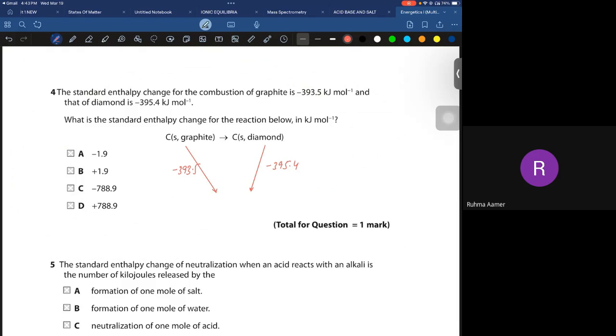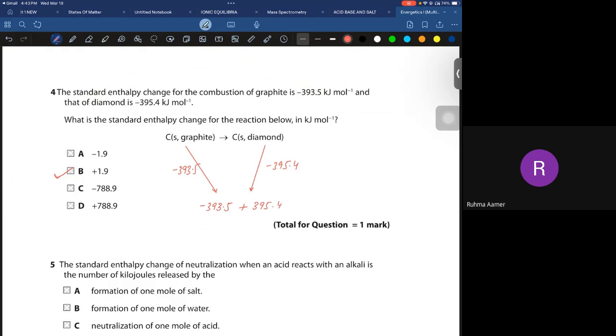Of course I'm not going to change the sign of minus 393.5, but I would be changing the sign of this. So of course the answer would be positive 1.9.